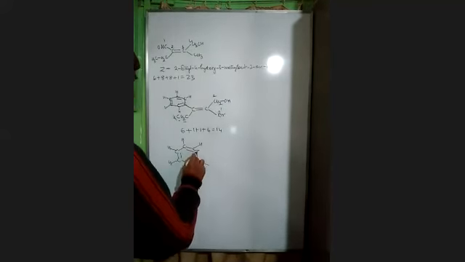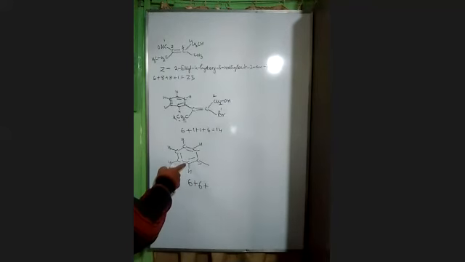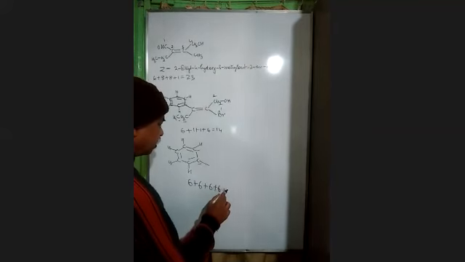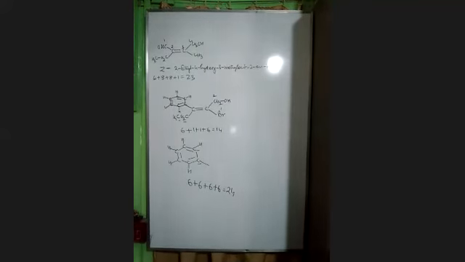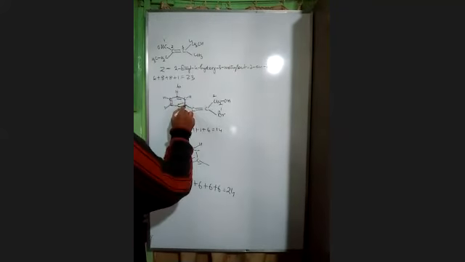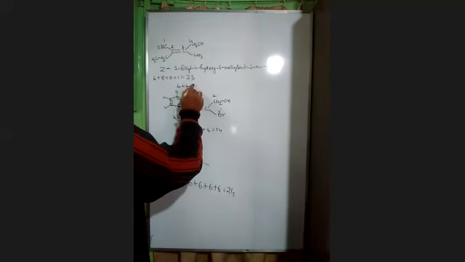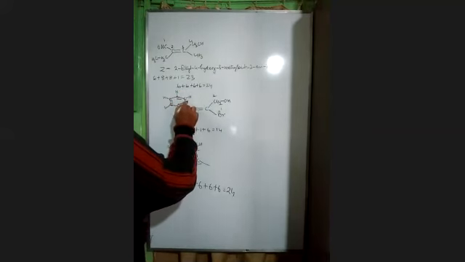For this carbon, single bond 6. For this carbon, double bond, so I have to write it twice. So how much does it come to? 24. So it is 6 for this carbon, 6 for this carbon, 6 for the double bond. 24. So this is 1, this is 2.